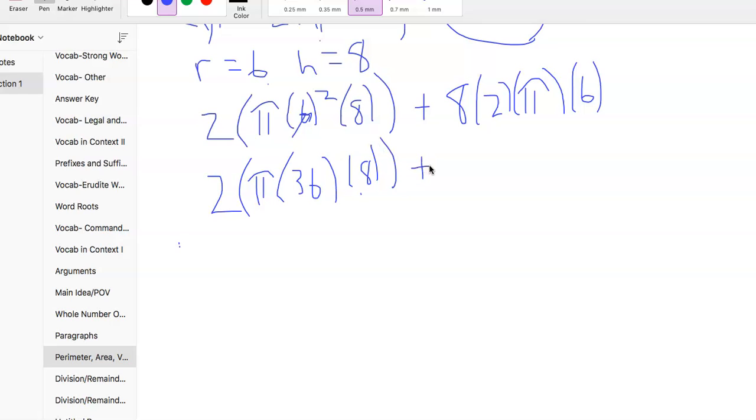Plus, okay, we have 8 times 2, so we'll call that 16, times pi times 6. Sorry, I can't write in a straight line, but what can you do?